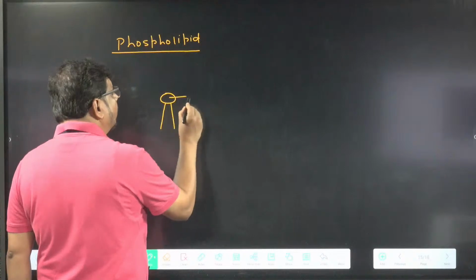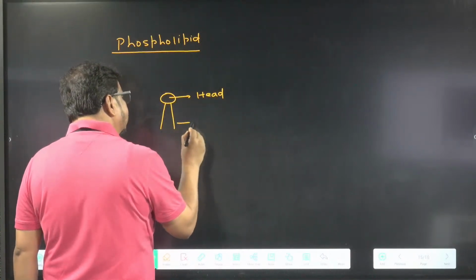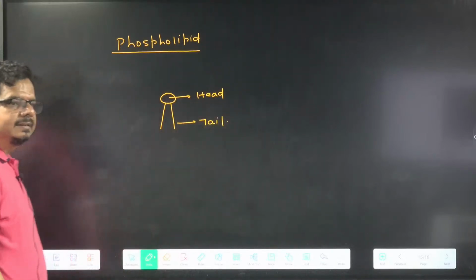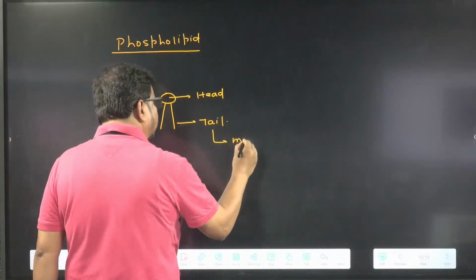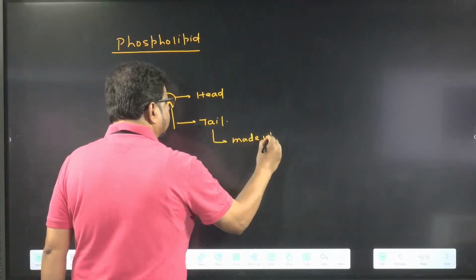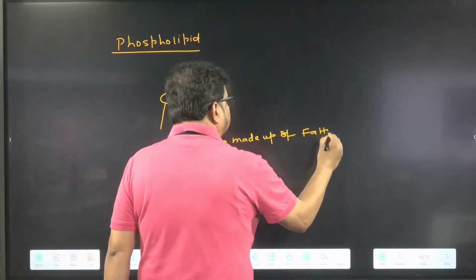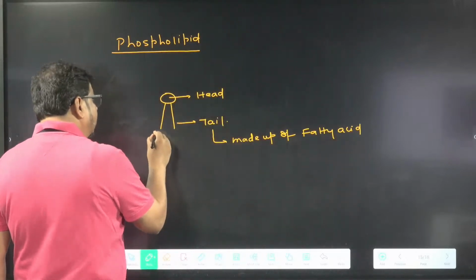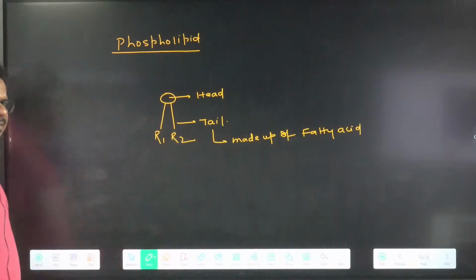One component of phospholipid is basically the head, and another component is the tail. The tail is made up of fatty acid. Here two tails are there, so I am writing R1 and R2. Two fatty acids are there.